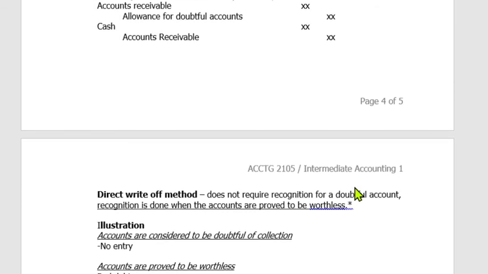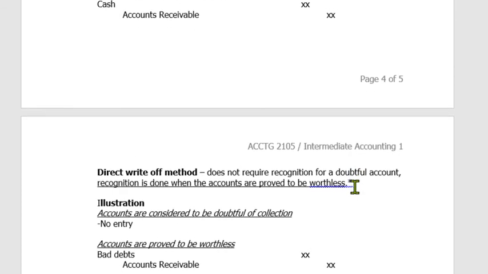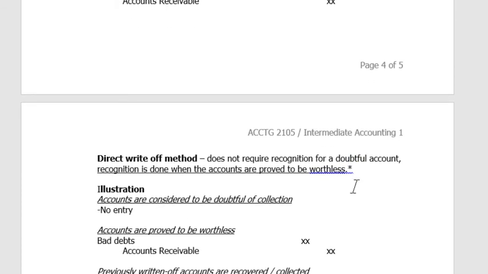Okay, now let's proceed with the direct write-off method. The direct write-off method does not require recognition for a doubtful account. Recognition is done when the accounts are proved to be worthless. So under the direct write-off, kaya nga ang term niya ay direct write-off, hindi na siya nagre-recognize ng allowances. Kaya pansin mo under our illustration, accounts are considered to be doubtful of collection, there is no entry.